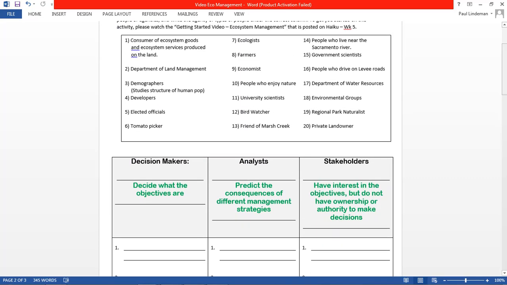So let's do the first 3. Consumer of ecosystem goods and ecosystem services produced on the land. They're a consumer. They buy goods from the ecosystem and services produced. So that's not really a decision maker. It's definitely not an analyst, so that's probably a stakeholder. They have an interest because they're buying stuff.